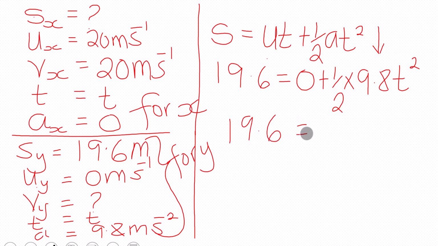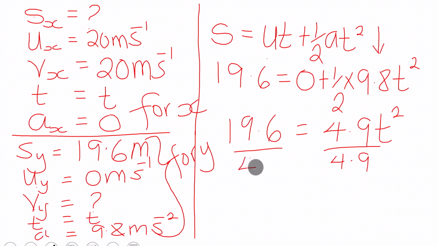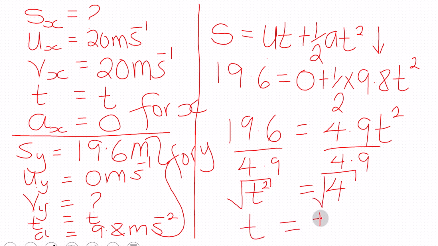If I simplify this, it will be 19.6 equaling 4.9 t squared. Divide by 4.9 on both sides, and you will have t squared equaling 4. Take the square root of both sides, you will have t equaling plus or minus 2.